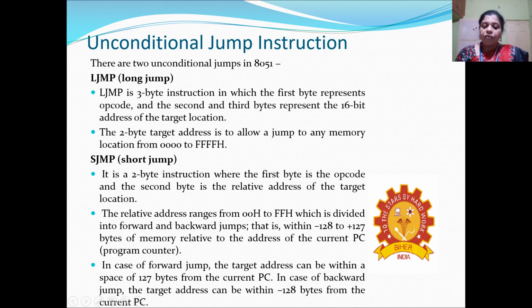So when we consider the forward jump, the target address can be within 127 bytes from the current program counter, and in the backward jump it can be -128 bytes from the current program counter.